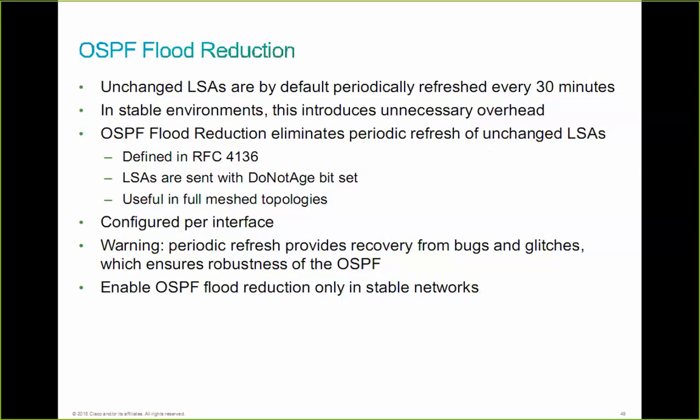Now, we always talk about the inherent intelligence that link state protocols bring to the network, like triggered updates, only sending out the changes, only sending out updates when they're necessary or when something changes. So this periodic refresh of LSAs really kind of introduces unnecessary overhead in a network that is very large and very stable. Okay?